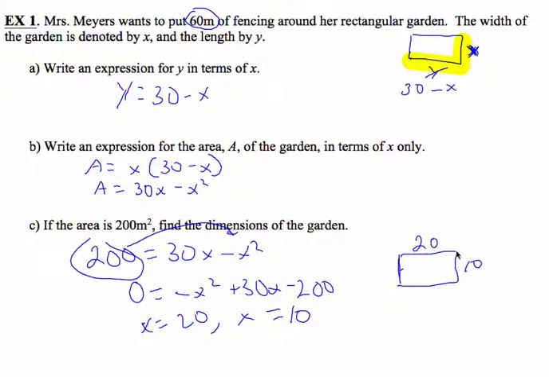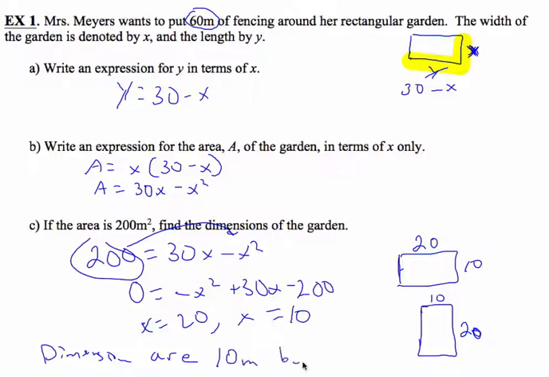So we could have a 20 by 10 rectangle, or if the width is 20, then 30 minus x gives us 10. So it's basically the same rectangle actually. So we could say the dimensions of the rectangle are 10 meters by 20 meters.